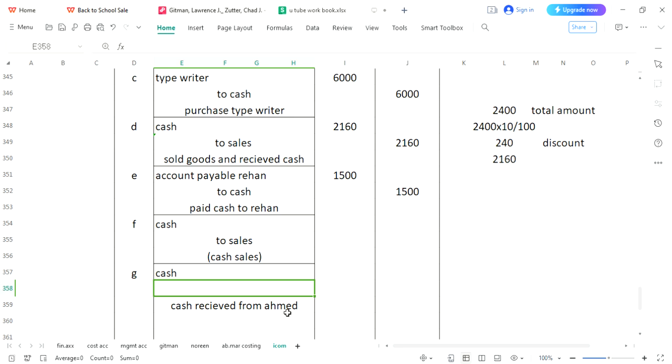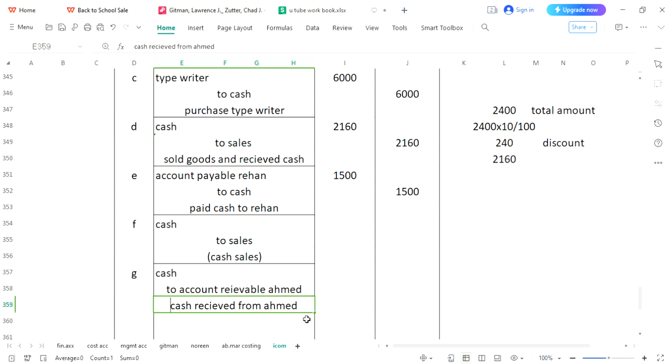But since you have received your cash, Ahmed is no more your account receivable, no more your asset. Asset has been decreased. Decrease in asset should be credited. So you will write account receivable Ahmed on credit side. All right.